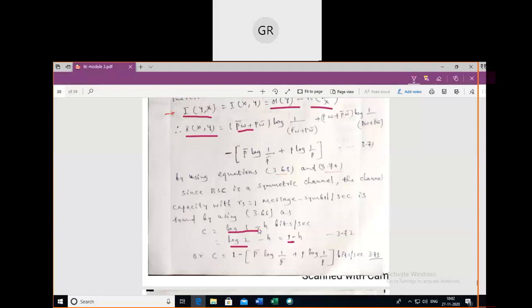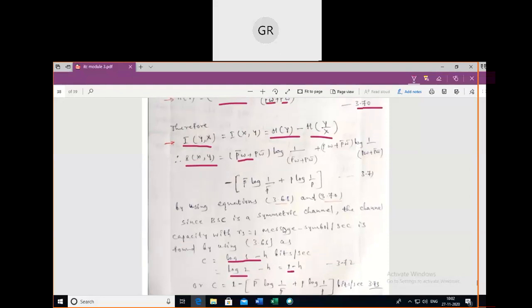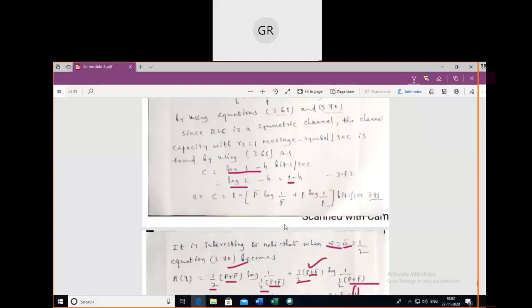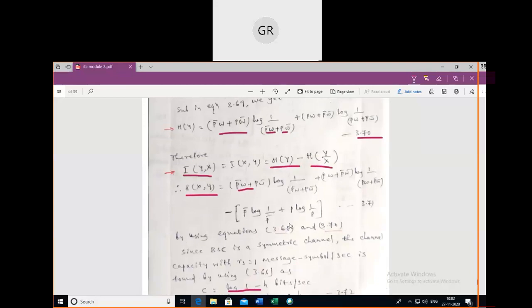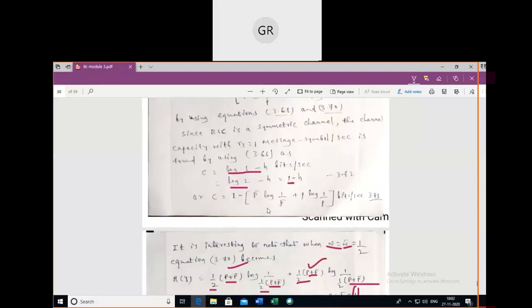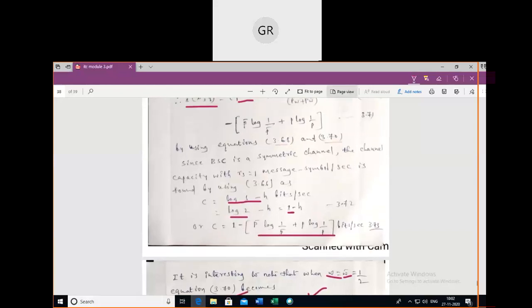Its capacity is log of s minus H. This binary symmetric channel is also symmetric, because whatever elements are there in the first row of the channel matrix, those elements are in the second row also, in a different order. Then C is equal to, how many output symbols here? The number of output symbols is 2, so C is equal to 1 minus H, this H value.